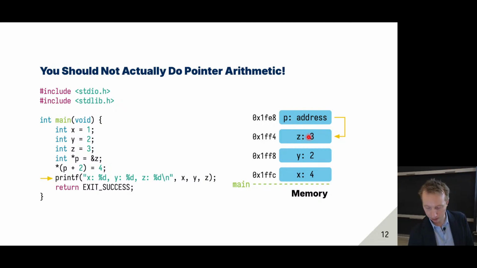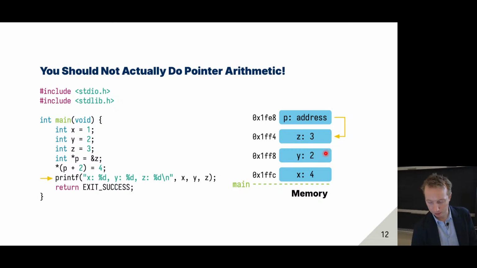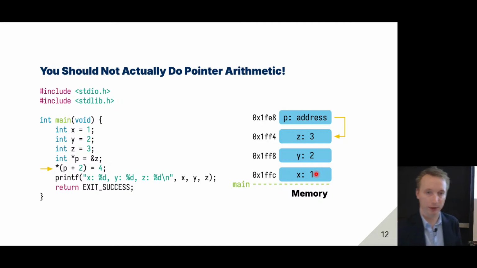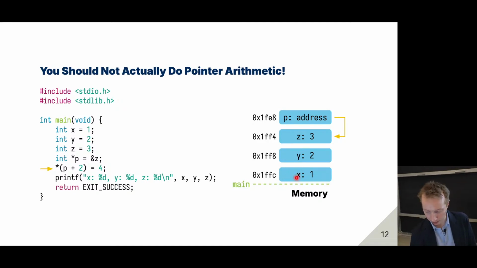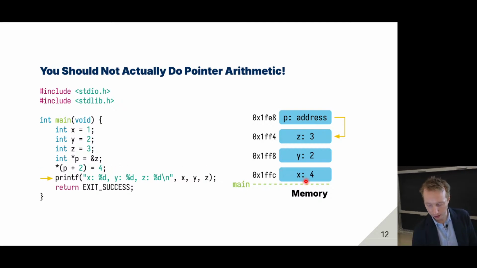So p is currently pointing to z. This is p plus 0, and then p plus 1 will point here. P plus 2 will point here. And then once we dereference it, that means we access this value. This value is 1, and then we reassign that to be 4. So after this line, x changes from 1 to 4.